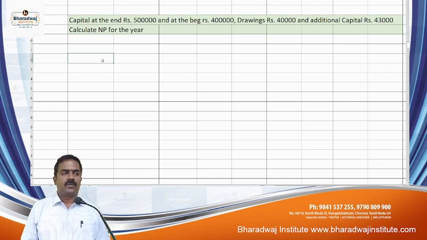What is the drawings? 40,000. Additional capital is 43,000.